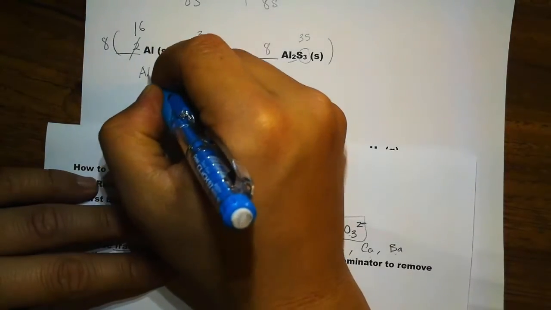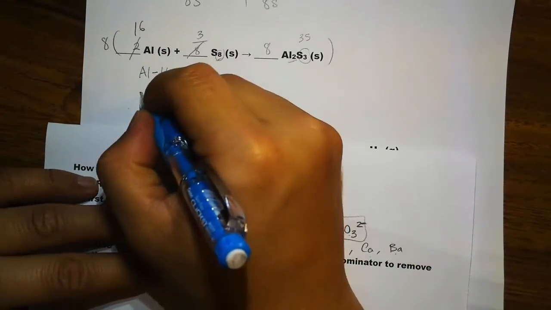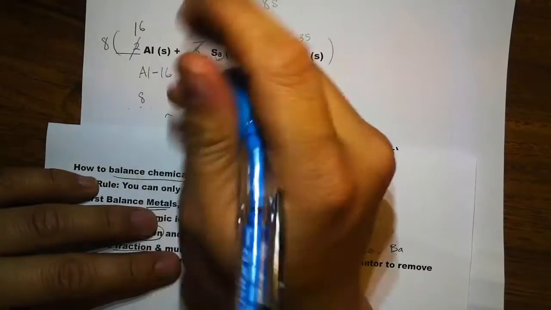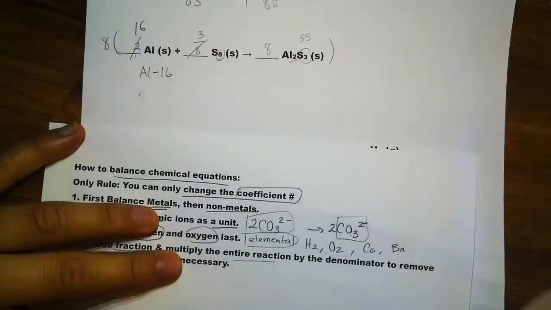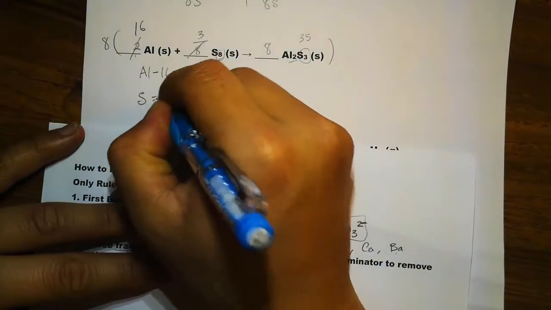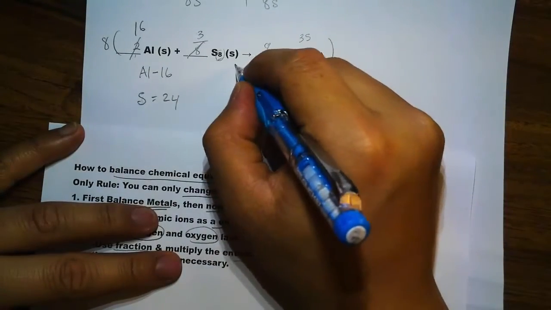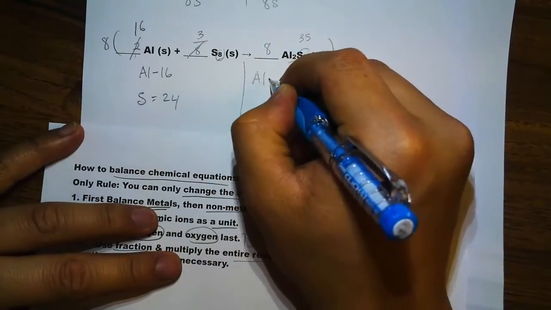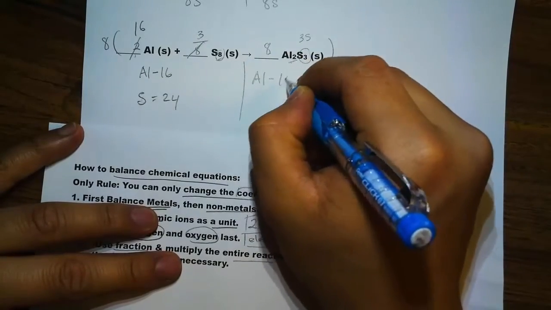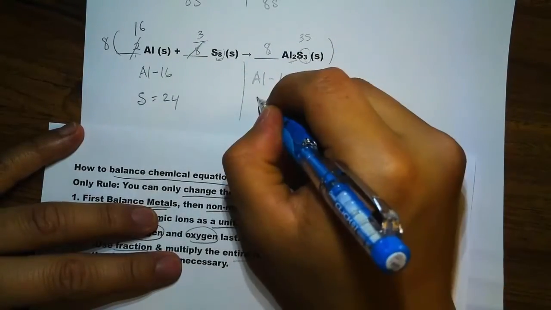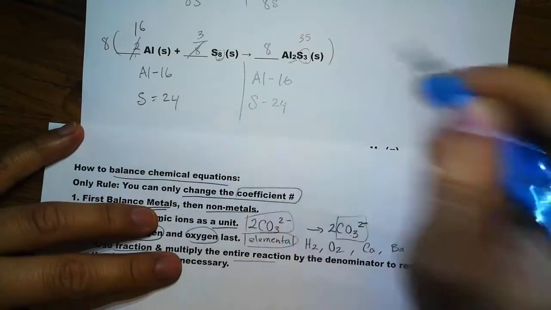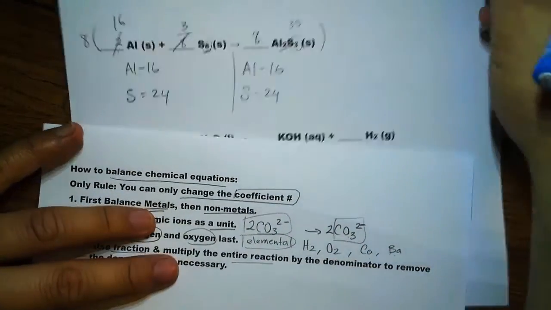So aluminum, we have 16. Sulfur, so far, how much do we have? Well, 3 times 8 gives us 24. And over here, we have aluminum. What is it? 8 times 2 gives us 16. And 8 times 3 gives us 24. Isn't that easy? So easy. Beautiful.